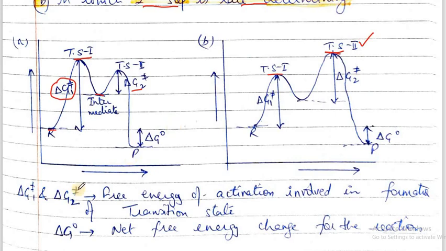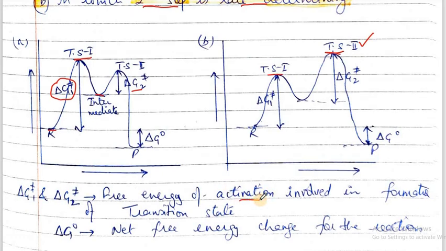So in this, all terms are clear. Delta G1 double dagger and delta G2 double dagger are the free energies of activation. These are the activation energies only involved in formation of the transition state. And delta G naught is this energy, that is the energy difference between the reactant and products. Here also reactant and product, and it is the net free energy change for the reaction.